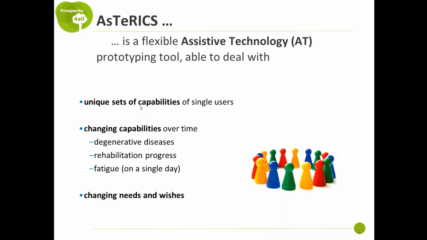Or in some cases, the user has changing needs and wishes over time. So the goal of AsTeRICS is to be a rapid prototyping tool so that people can very easily and rapidly create assistive technology solutions for such users.